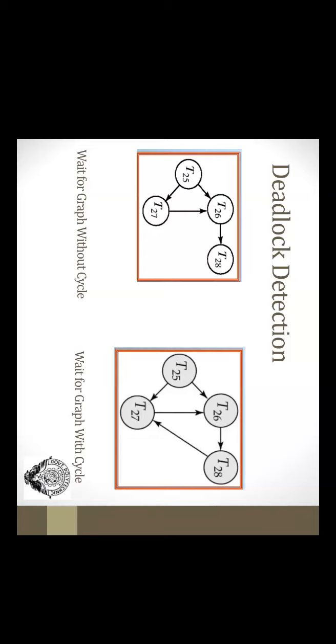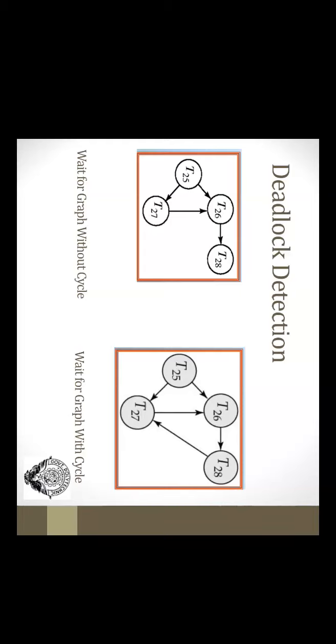Here, in the wait-for graph without cycle, T25, T26, T28 and T27, there are 4 transactions. Each one is waiting for a data item held by its previous transaction, but there is no cycle in this particular graph.